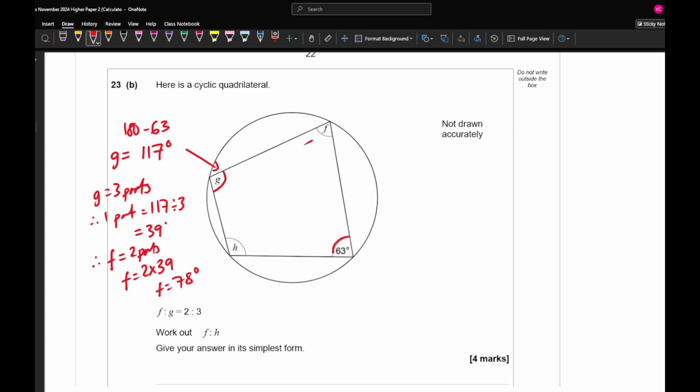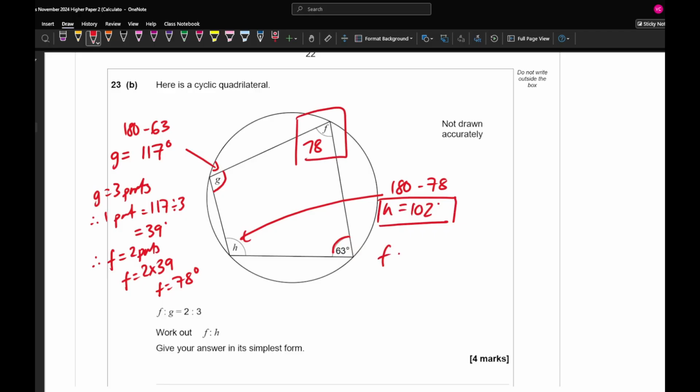So this angle here is 78. Then to work out h, I just need to do 180 take away 78, which gives me 102 degrees. So now that I've worked out what h is and what f is, the ratio of f to h is going to be 78 to 102. And if I simplify that ratio, I get 13 to 17.